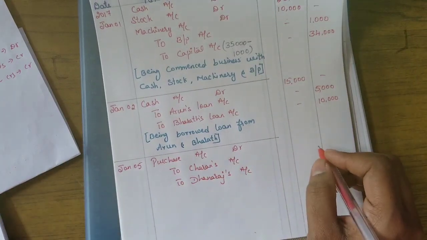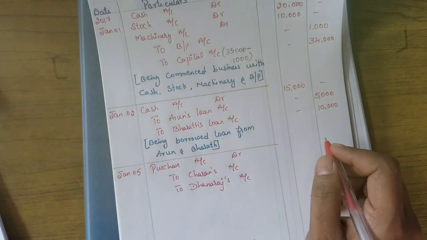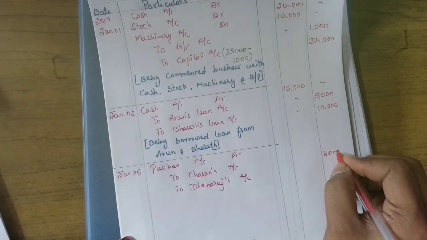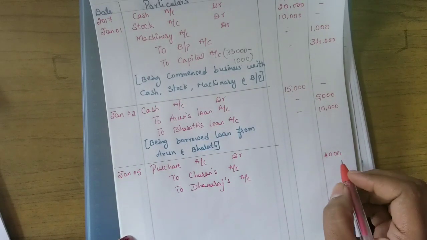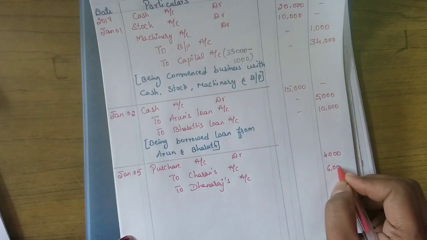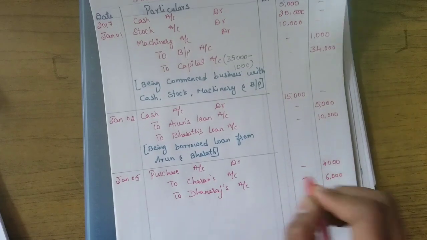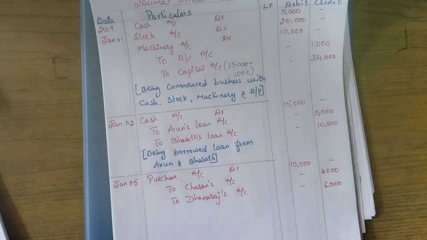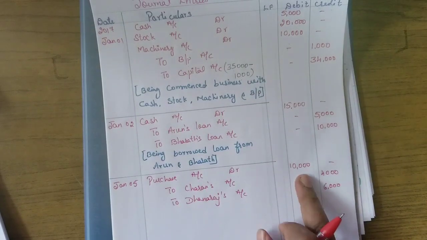So how much you are purchasing from Charan? We are purchasing from Charan 4,000 worth. Okay. And from Dhanraj we are purchasing 6,000 worth of goods. So add together total purchase will be 10,000.